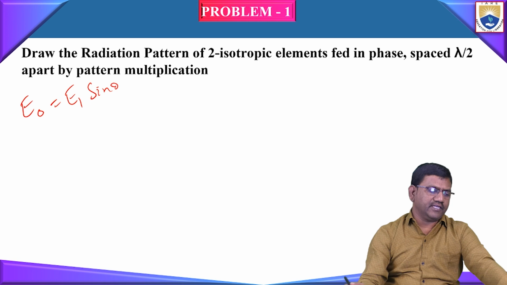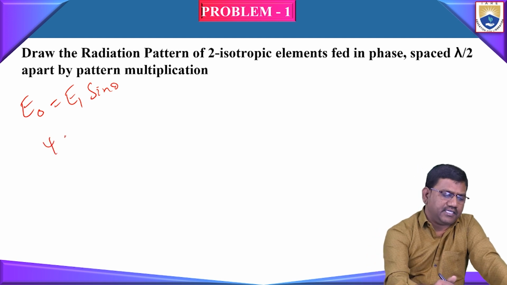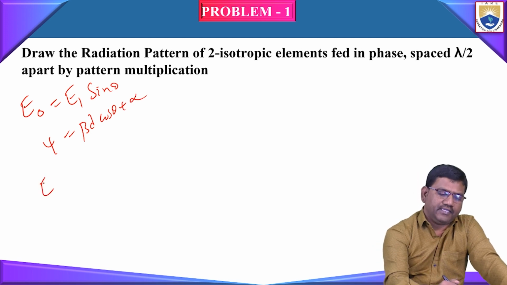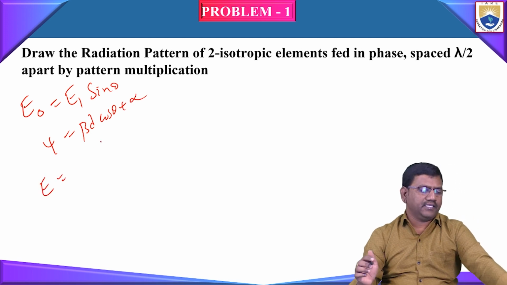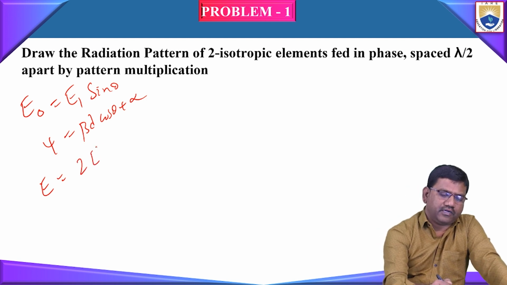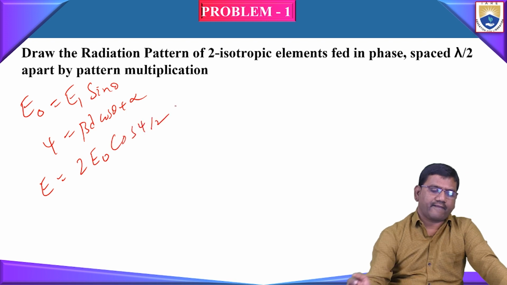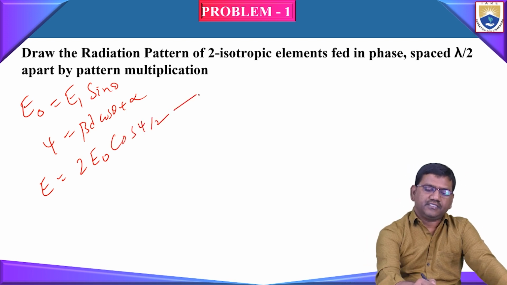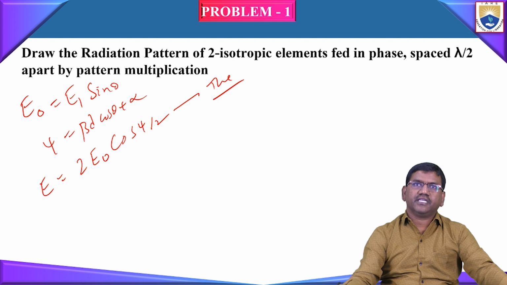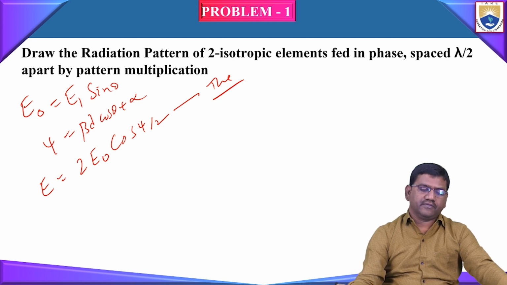Based upon that, we can write psi is equal to beta d cos theta plus alpha, and E is equal to 2 E naught cos psi by 2, according to the expression we derived in our theory classes.